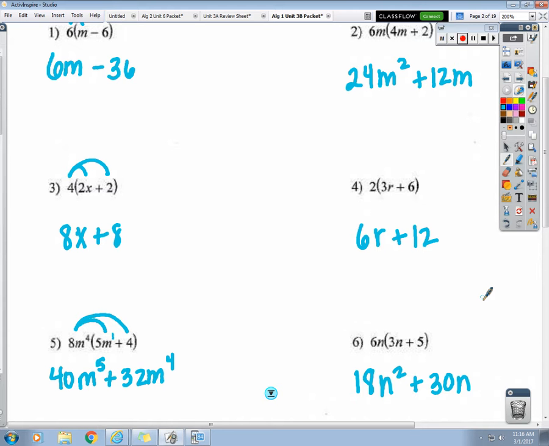Okay, go ahead and look up and check 2, 4, and 6 so I can go down the page. If you have any questions, you need to ask. Like if you got it wrong and you're not sure what you did wrong, ask and I'll go over it.